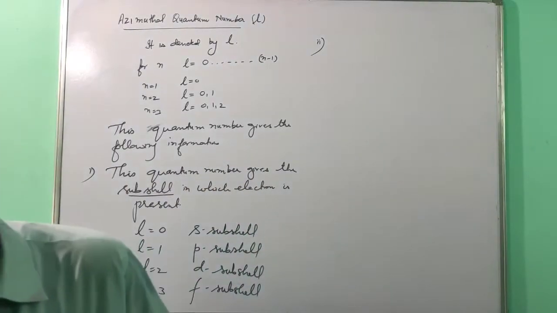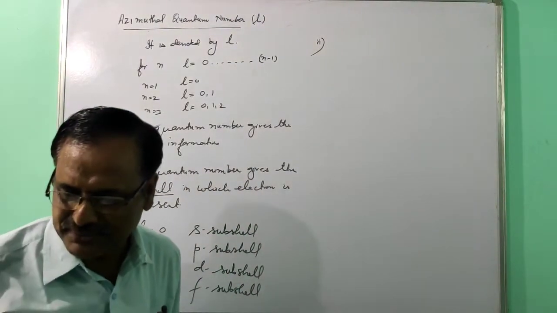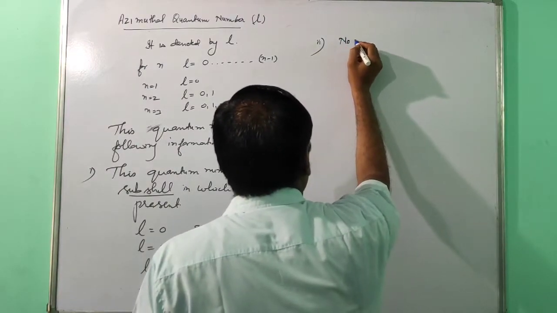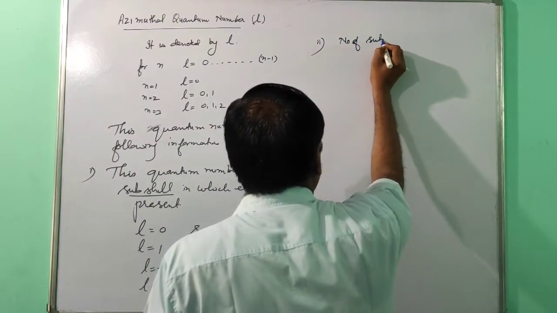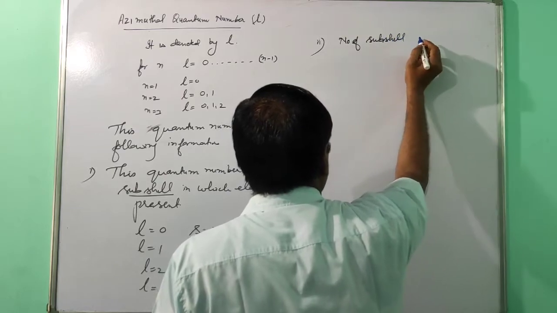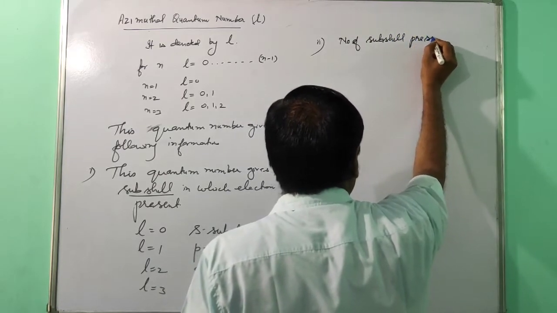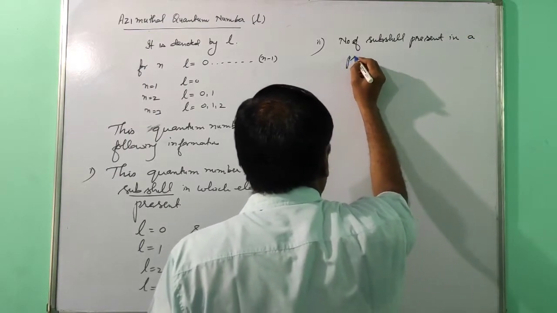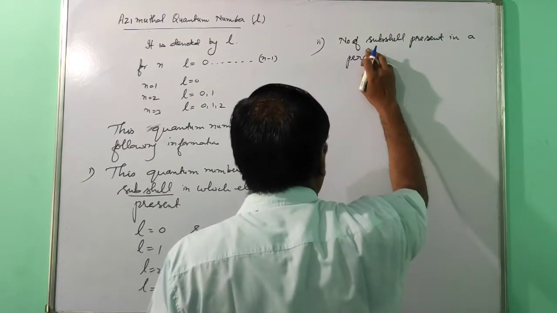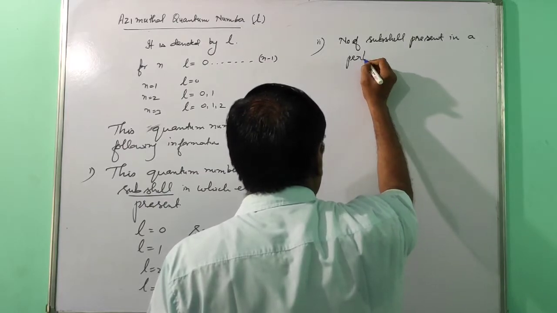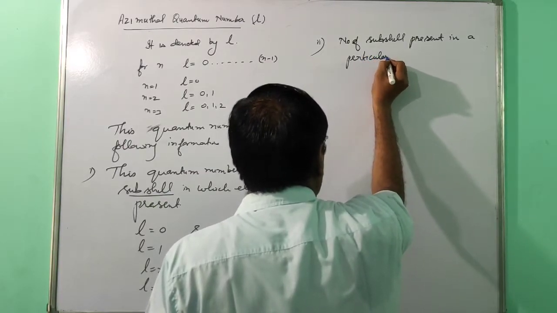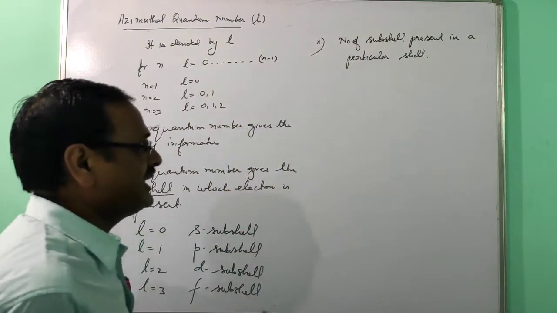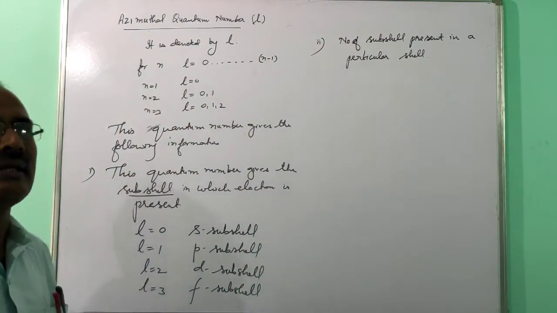Now the second information: number of subcells present in a particular shell. Means in any particular shell, how many subcells are there?